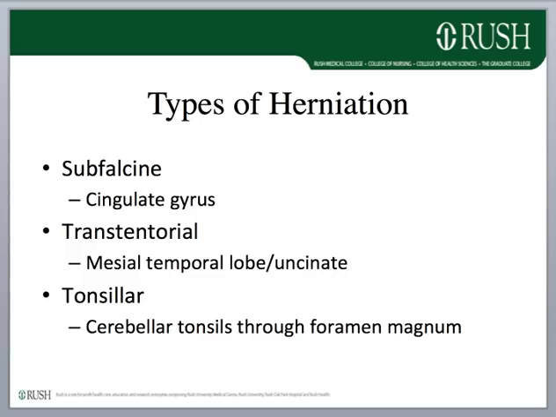Transtentorial involves the tentorium, and the brain that's typically herniated is the mesial temporal lobe or uncinate part of the temporal lobe. And then finally there's tonsillar herniation, which involves herniation of one or both cerebellar tonsils through the foramen magnum. So I'll talk about these in a little bit more detail and show you some nice pictures.